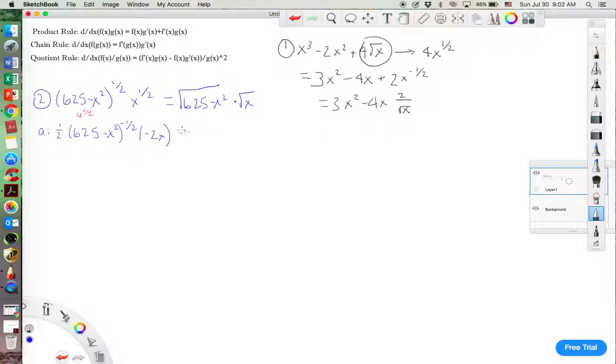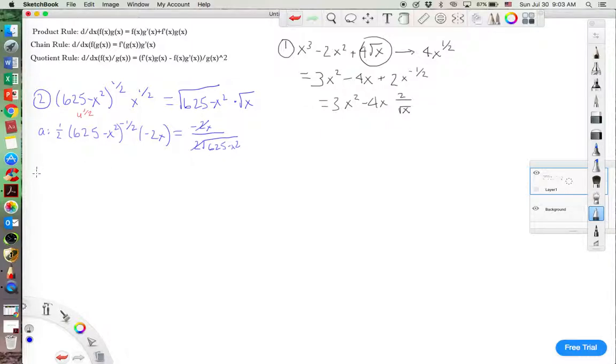All right, and then we could simplify this by saying this is equal to negative 2x over 2 times the square root of 625 minus x squared, and then we could drop these terms here. We end up getting negative x over square root of 625 minus x squared.